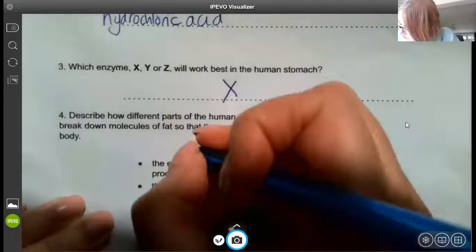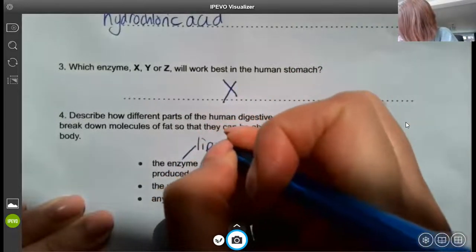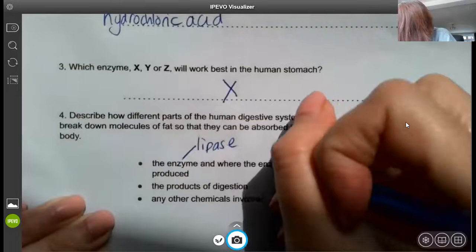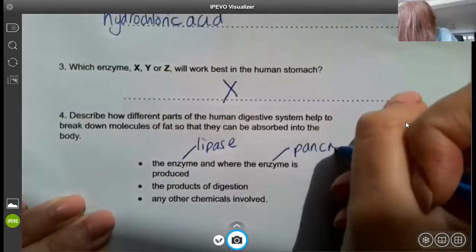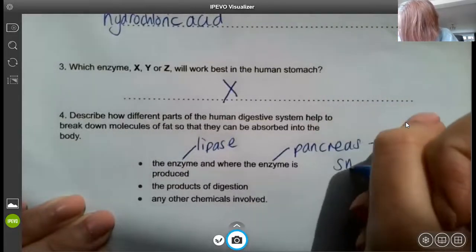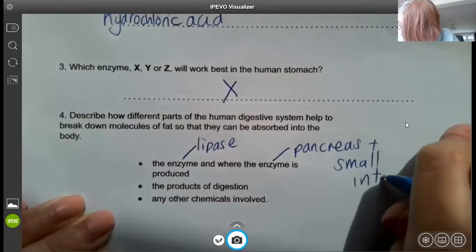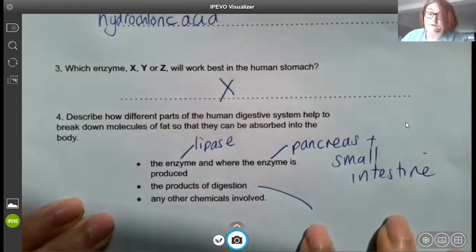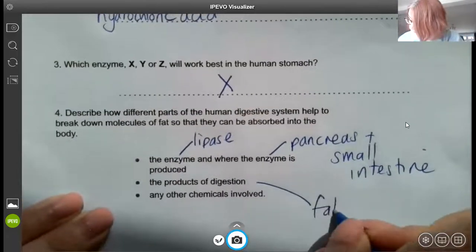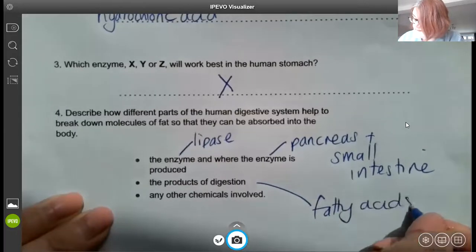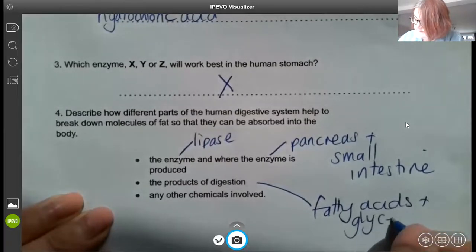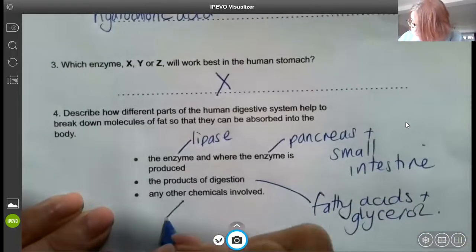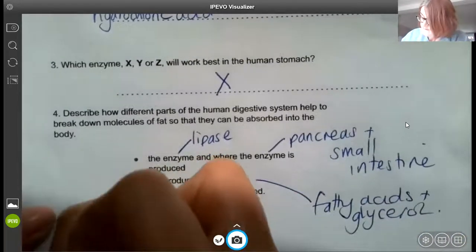So your answer, you should have been writing about the enzyme is lipase, and lipase is made in the pancreas and the small intestine. You needed to have said that lipids or fats are broken down into fatty acids and glycerol. And you should have also talked about bile.